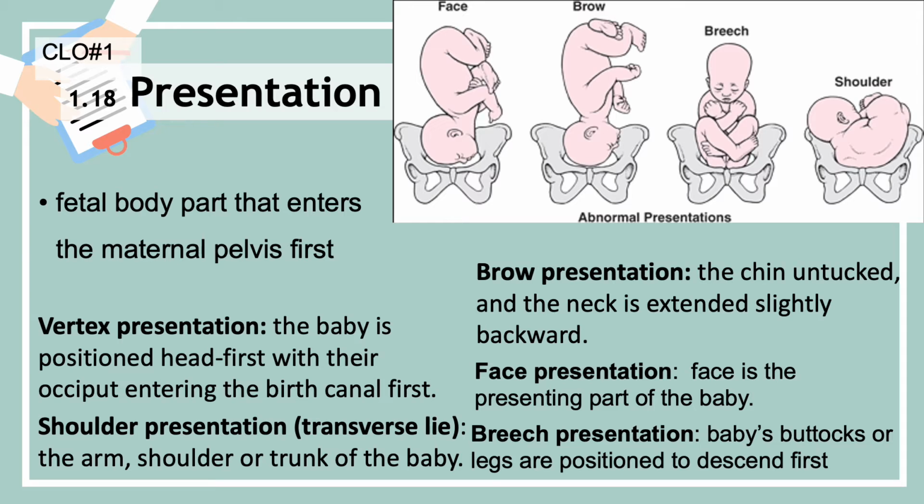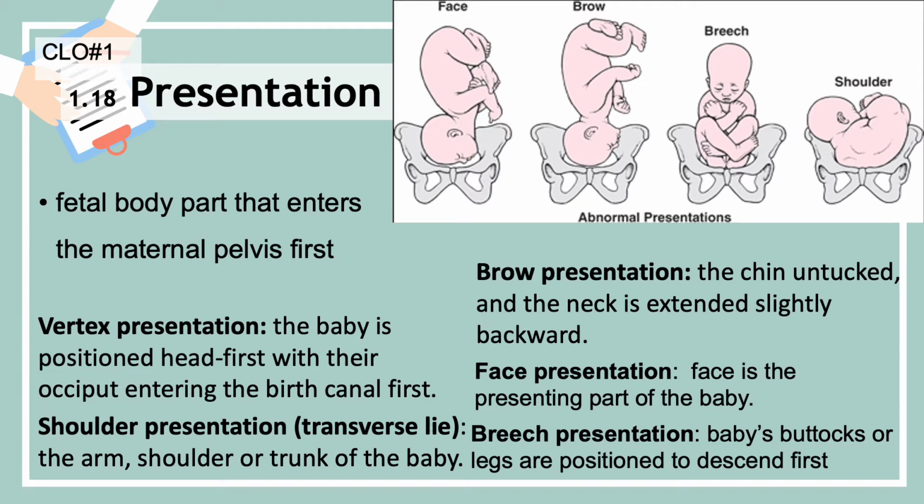This is also the most common presentation, and it is associated with the least complications. So any position other than the vertex position is considered abnormal and can make vaginal delivery much more difficult or sometimes even impossible.